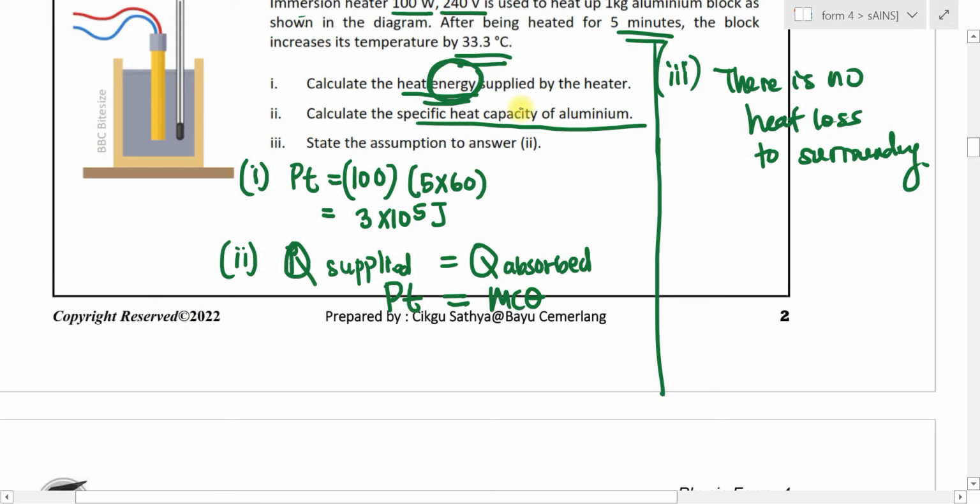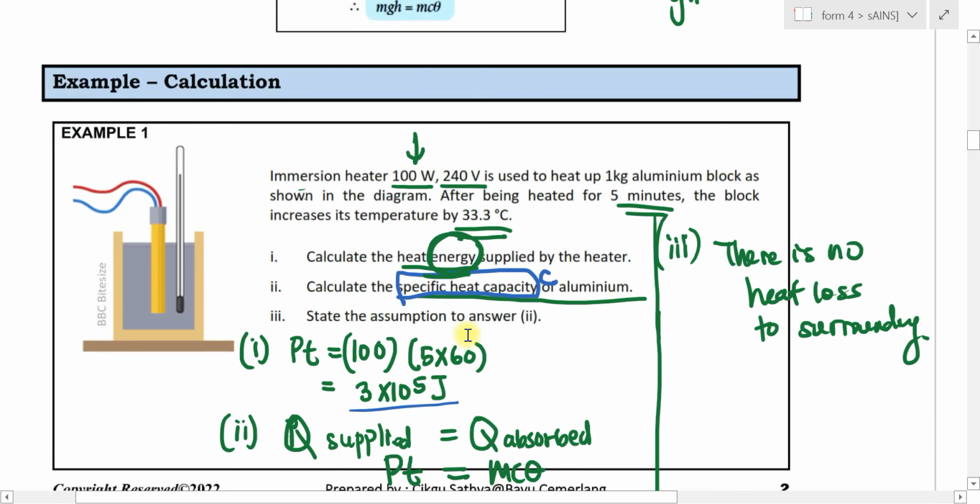Okay. Yeah, very good point you asking. Specific heat capacity yang dia tanya. Maksudnya C. Okay, jadi kita jadikan C tu sebagai subjek. M dengan theta kita letak di sini. Okay. PT kita dah calculate 3 times 10 to the power of 5. Letak atas. Mass dia adalah 1 kg of aluminium block.